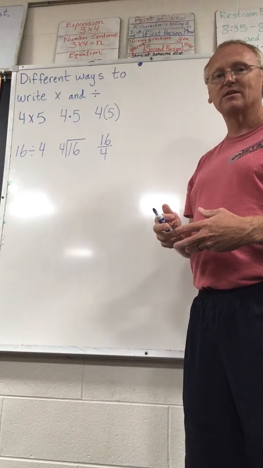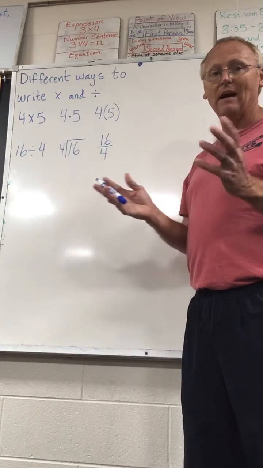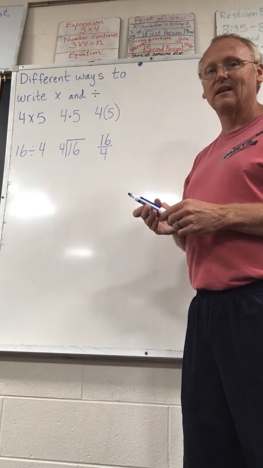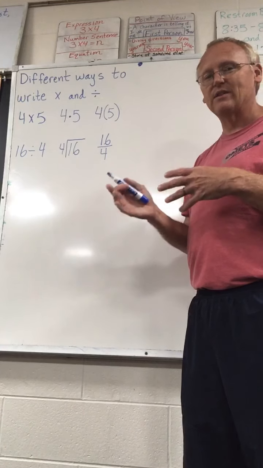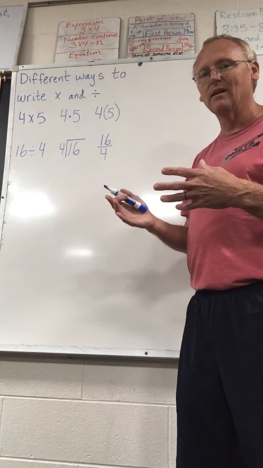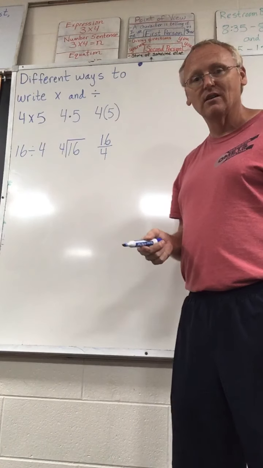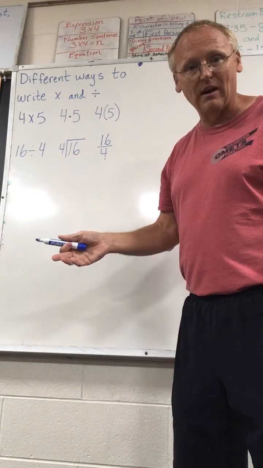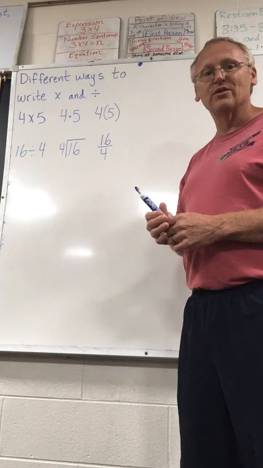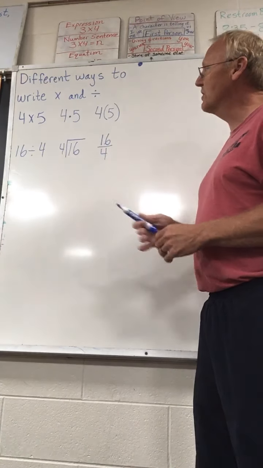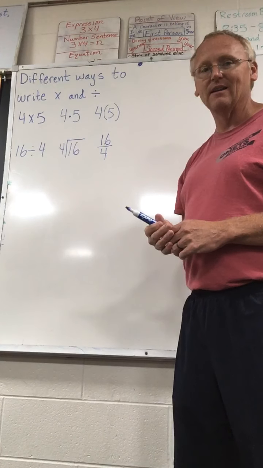Most fractions you think of as something that's less than 1. Improper fractions are greater than 1. So those are all the different ways you can write multiplication and division.